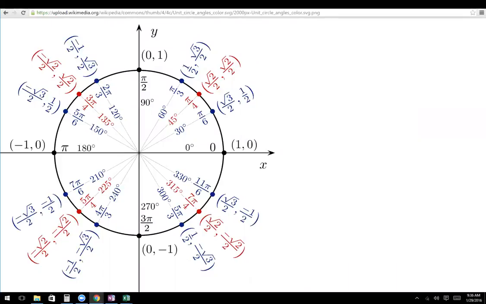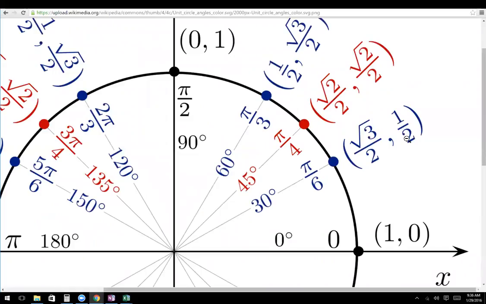It's over here in quadrant 2. The y coordinate is a half. So now we're going to look for the y coordinate of a half somewhere in quadrant 1 or quadrant 4, which is over here at pi over 6.